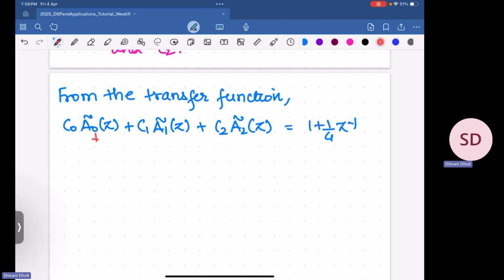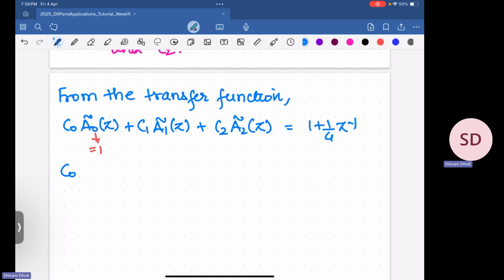Now a quick homework for you is to show that this A0 tilde of Z is equal to 1. This is a simple exercise. This is the last stage of the lattice. It comes out to be equal to 1. So just quickly try and prove it using the iterative formula that we had.